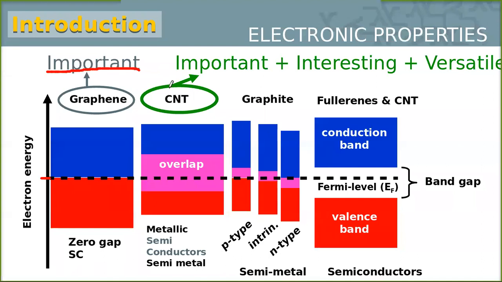Carbon nanotubes are easier to synthesize in bulk quantities, and therefore that's one of the main possibilities that gives the interesting chance of using carbon nanotubes in real world applications, whereas graphene still lacks bulk production or bulk synthesis of material to be integrated into industry.